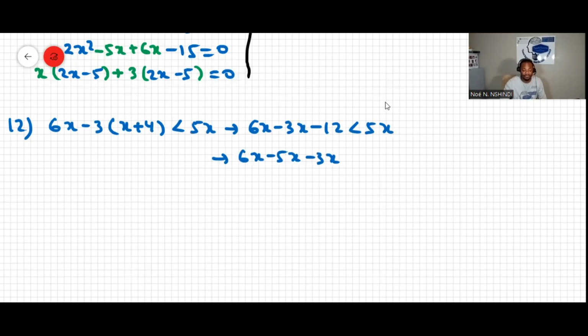I'll move negative 12 over, that makes positive 12. And that makes what? 6x minus 5x makes negative 1x, minus 3x makes negative 4x, less than 12. So we can divide both sides by negative 4, and then that makes x greater than negative 3.